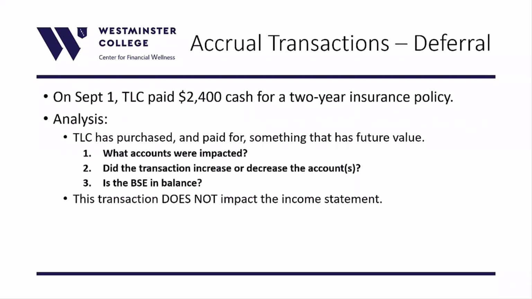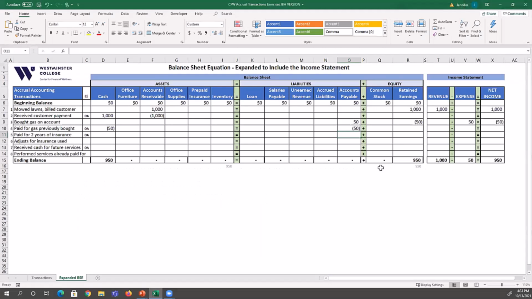All right, on September 1st, TLC paid $2,400 cash for a 2-year insurance policy. All right, so TLC has purchased and paid for something that has future value. So you remember that means we haven't consumed it yet. It's something of value, stuff of value that the company has rights to.